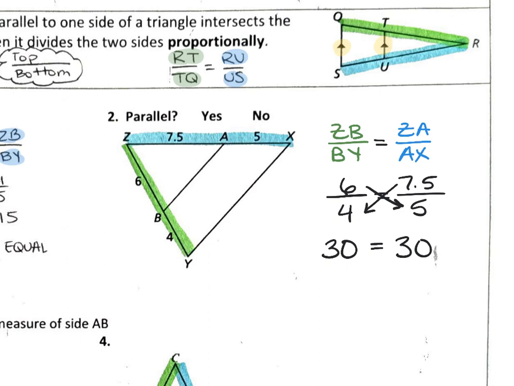Also 30. Are those numbers the same? If those numbers are the same, then we say yes, the two lines are parallel because their sides are proportional. So if we were going to edit this image, we would add the parallel little lines here to show that these two lines are parallel.